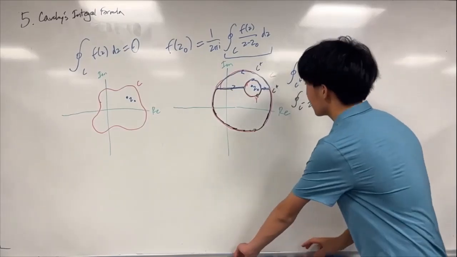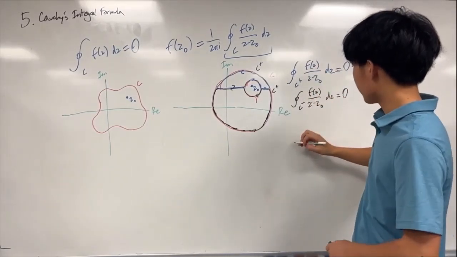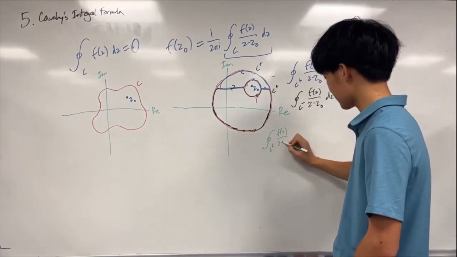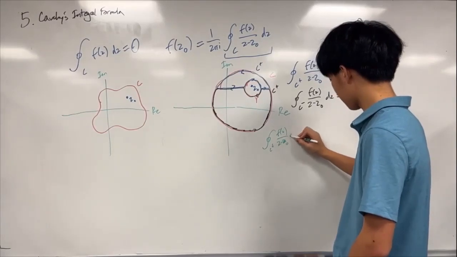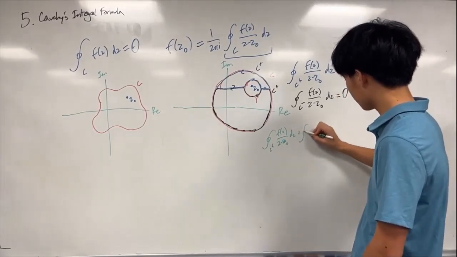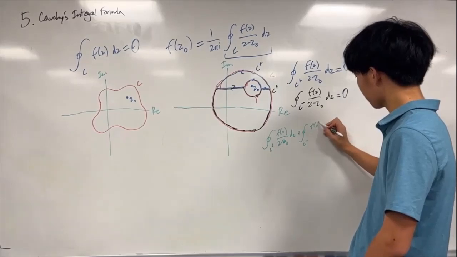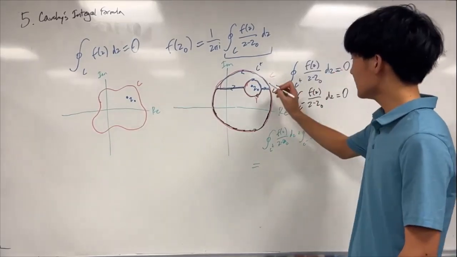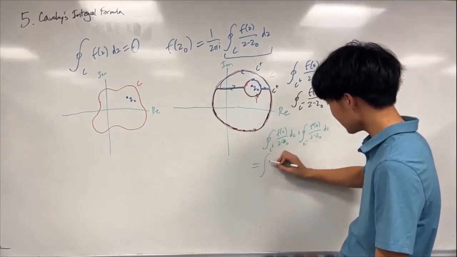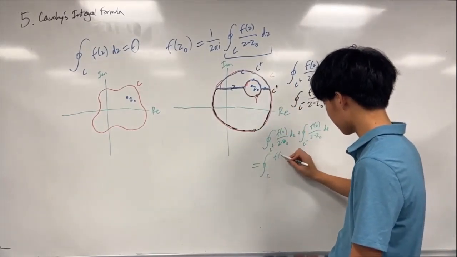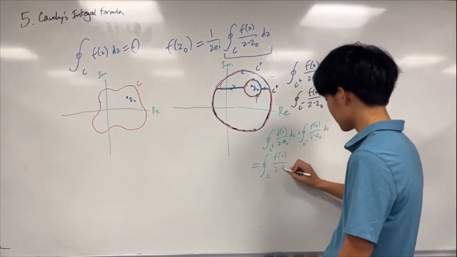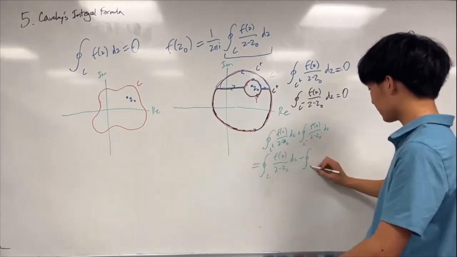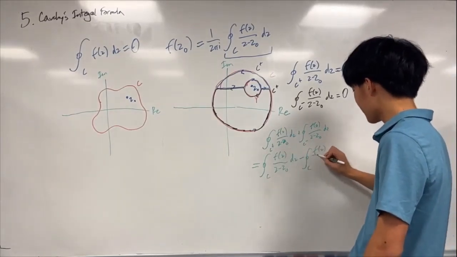So you have that the sum of the integral over C plus of f of z over z minus z sub 0 dz, plus the integral over C minus of f of z over z minus z sub 0 dz, equals the integral over C of f of z over z minus z sub 0 dz minus the integral over the smaller circle gamma of the same thing.